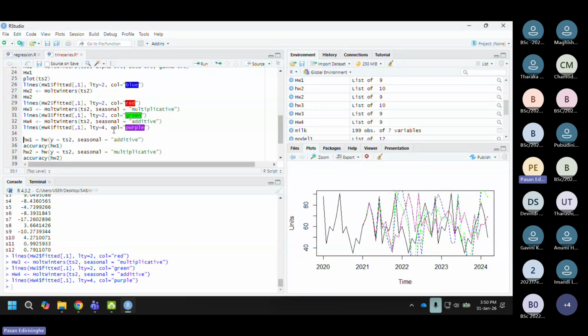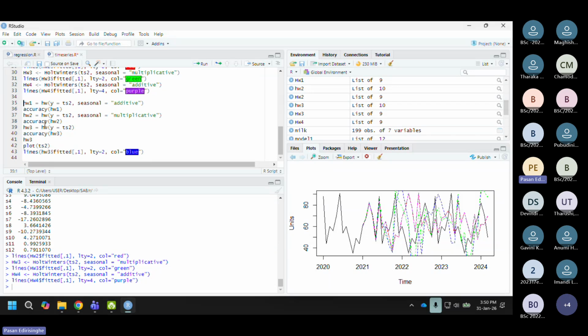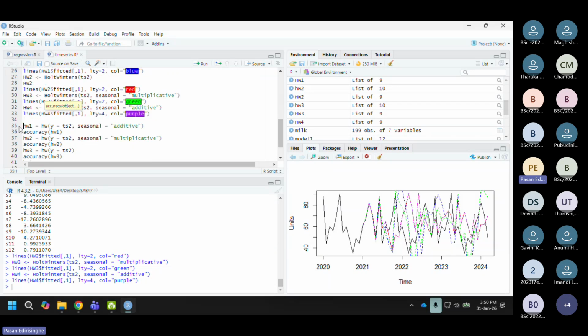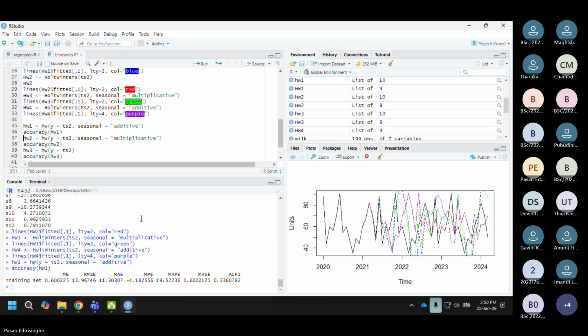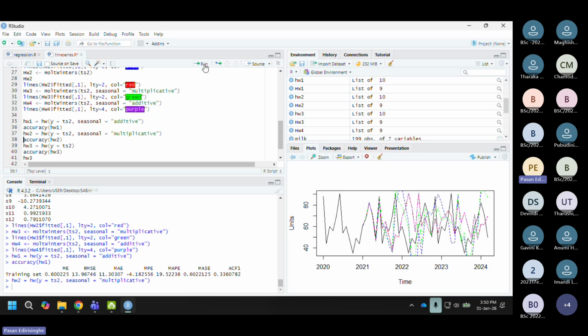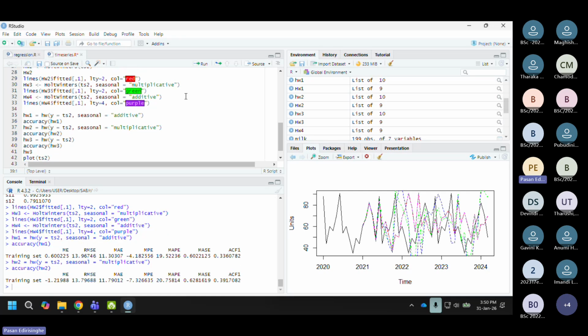So we can have the R coding for them, right? And then of course I want to check the accuracies as well. You can check them using this command. You can have the accuracies for each one using the additive method and multiplicative method.